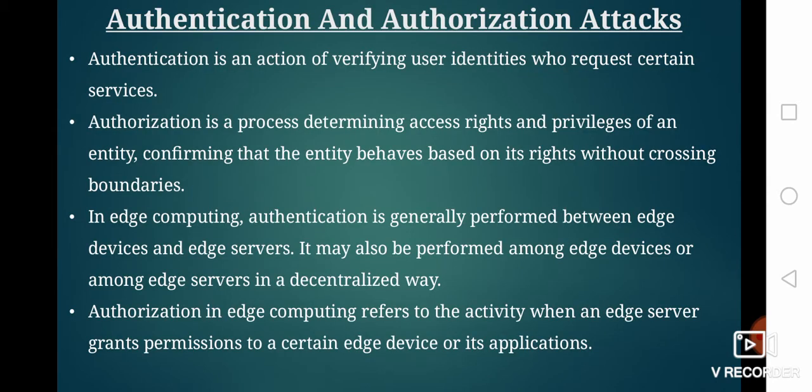And the next, the authentication and authorization attack. Authentication is an action of verifying the identities of users who request certain services. In edge computing, authentication is generally performed between edge devices and the edge servers.